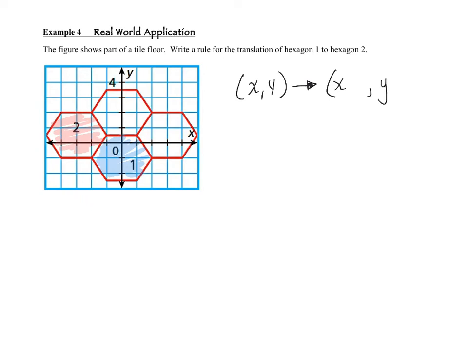So if I pick any ordered pair, like say I pick this ordered pair on the bottom right, and I'm trying to get to that ordered pair there, then I want to see how many spaces to the left did I travel. So 1, 2, 3. That means it would be negative 3 on the x-axis, and then up maybe half, 1.5.